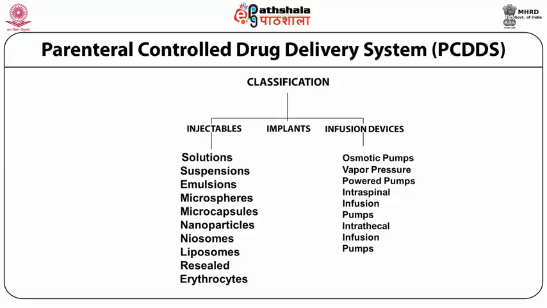Then we have more sophisticated designed systems, which are called infusion devices. These include, for example, osmotic pumps, vapor pressure powered pumps, intraspinal infusion pumps, and intrathecal infusion pumps. The names of the last few are clear enough to tell us the site of infusion and perhaps the means and ways by which they can be used for better controlled parenteral delivery.